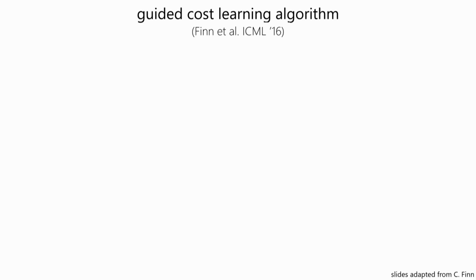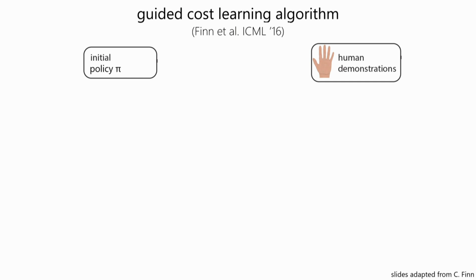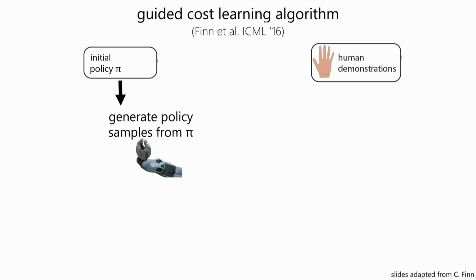So the first method that actually instantiated this algorithm in a practical deep inverse RL method is called guided cost learning, which uses guided policy search as the inner policy optimizer, but you could use any policy optimizer you want. The overall structure of this algorithm looks like this. You have some initial policy pi, maybe initialized randomly. You have your demonstrations.